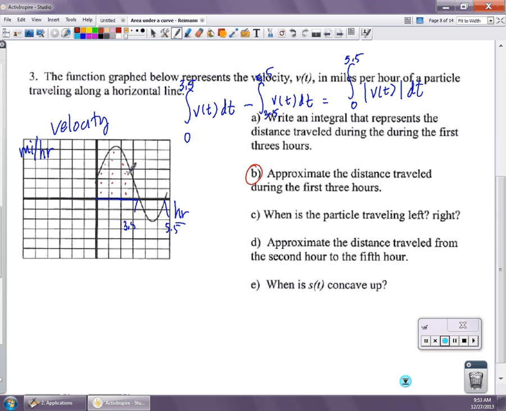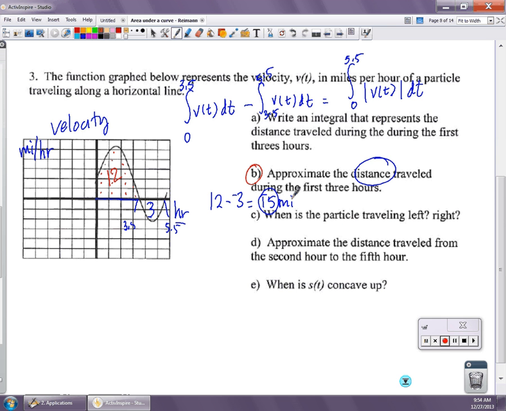It's a little bit less than 12, but for simplicity's sake, and to get a whole number, we'll call that 12. Then below the x-axis, we have 1, 2, if we put those together, let's call it 3. So to approximate the distance traveled, that would be 12 minus negative 3, which gives me 15, and my units are miles, 15 miles.